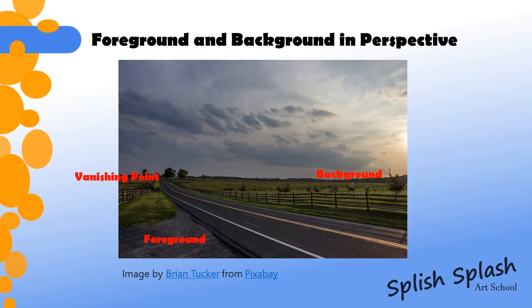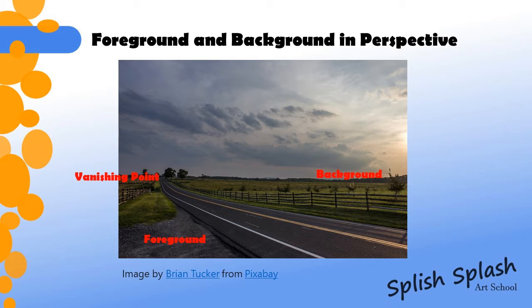And if you look at this picture, you will see your vanishing point and the orthogonal lines of your road going to the vanishing point. And then that part in the front is your foreground. The gravelly look, your road is very clear, you can see the details in the road, and the background is behind the fence.